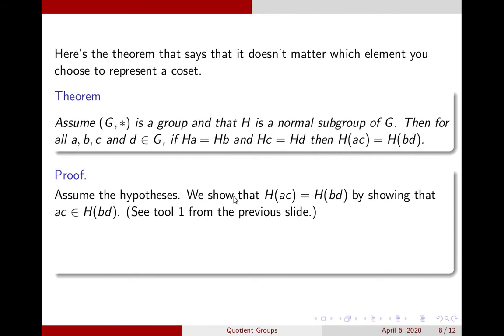We're going to show that the right coset determined by a times c is the same as the right coset determined by b times d by showing that a times c is in the right coset determined by b times d. Right, this is our main tool for working with cosets.